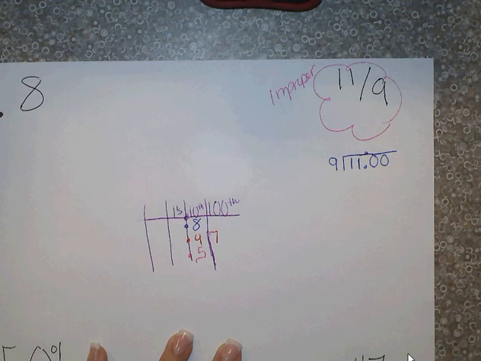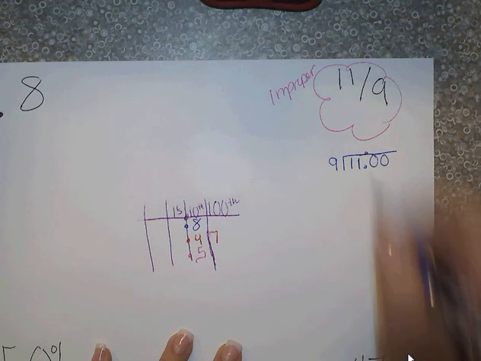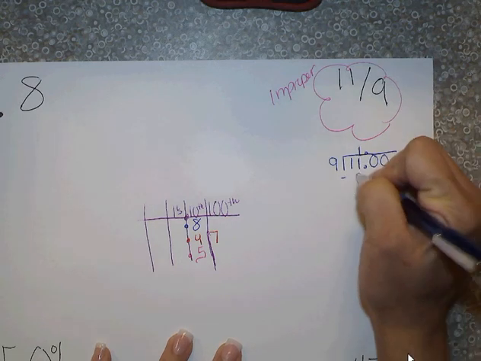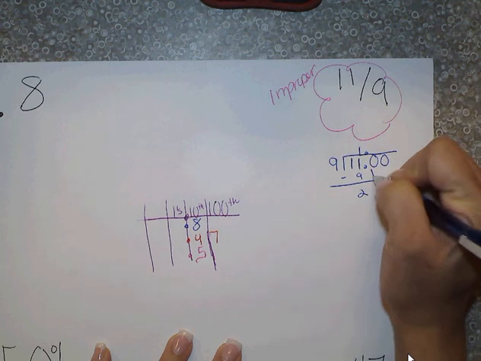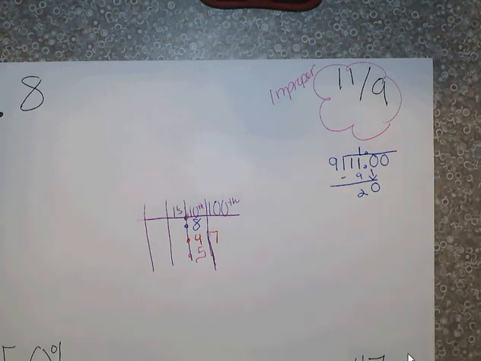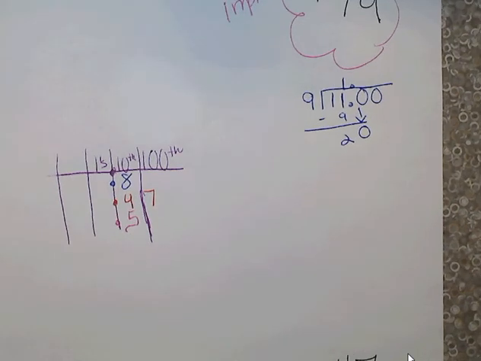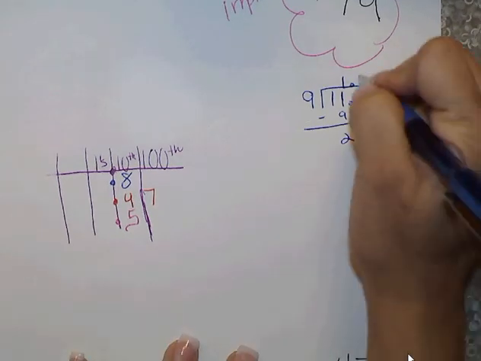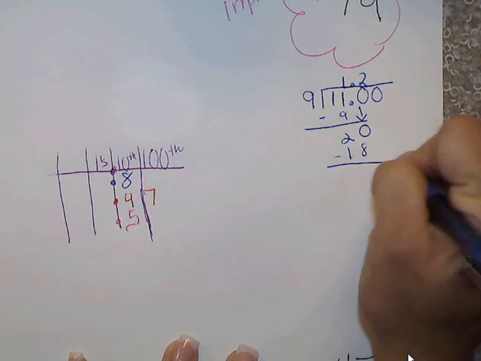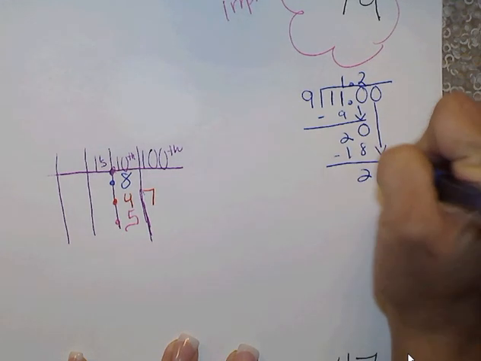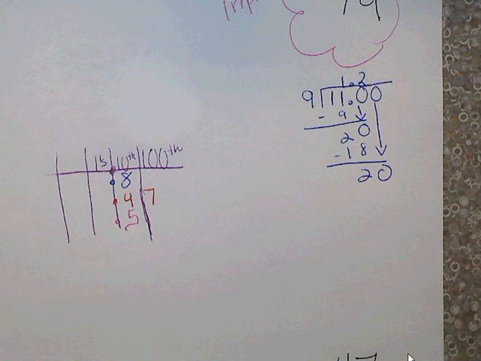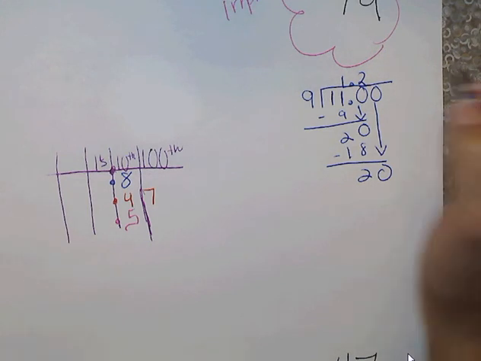How many times can 9 go into 11? Once. Now what? How many times does 9 go into 2? Twice. Okay, and then I bring another one down. Then what? It goes in 2 times.